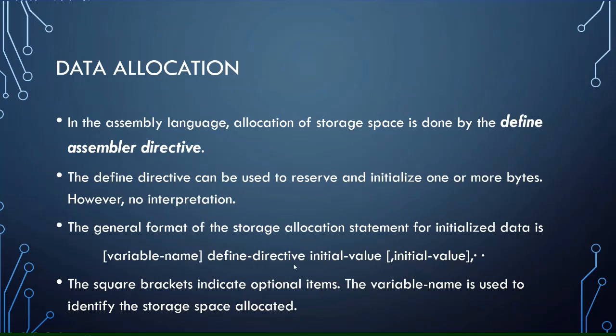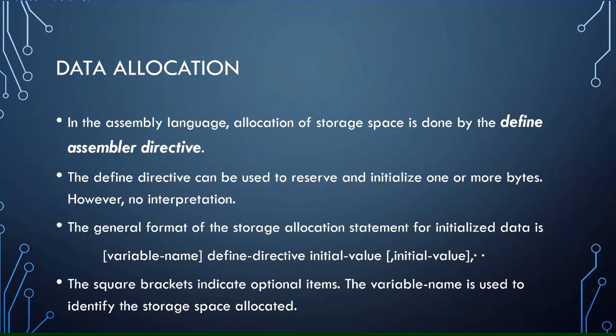So we can easily guess that variable name is optional, and several initial values, that means one initial value is a must, but if you have several, that is optional. By the way, this entirely depends on your program, what you're actually going to write. Most of the time we actually use the variable name, but according to the technical rule, if you don't write the variable name, still technically that is correct.